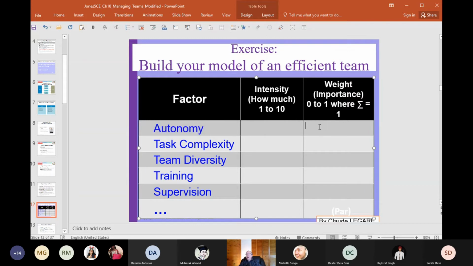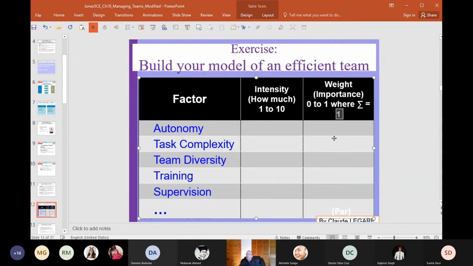So that will be very high, 0.6, because what it says here, the importance or weight, means that the efficiency of a team is explained 60% by the autonomy of the team, right? And so on for the other factors. But remember that the total of these weights should be equal to 1, right?